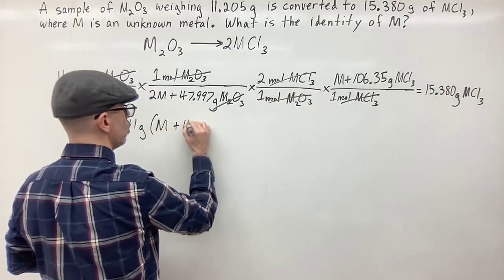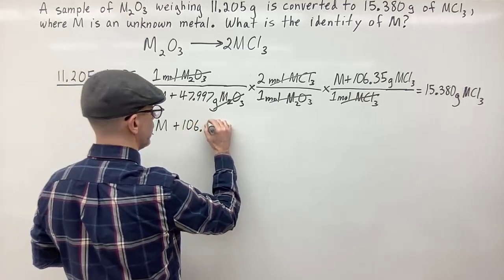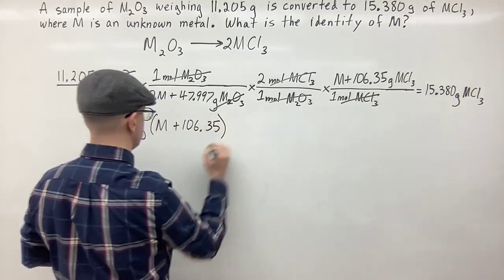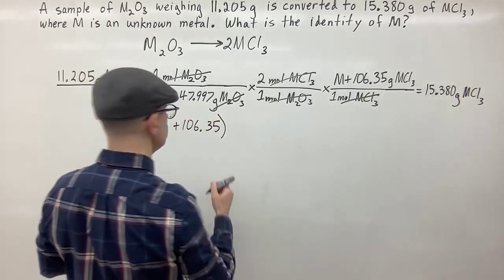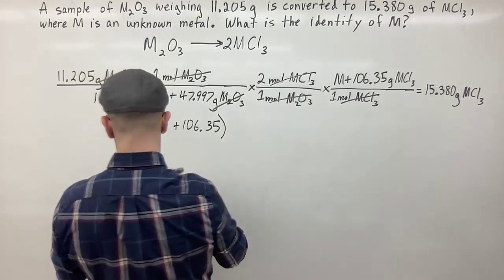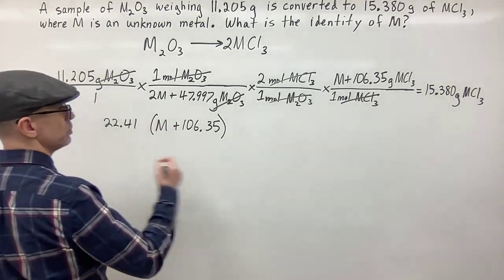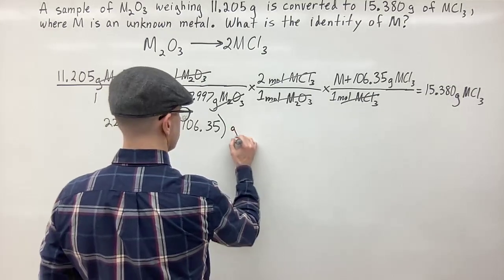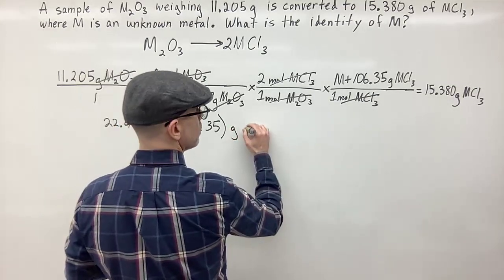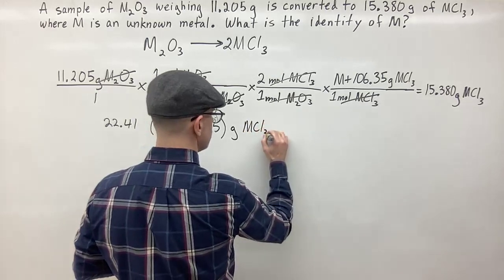M plus 106.35. Actually, this is multiplied. And then, of course, grams is going to be on the top, that's going to be MCl3.